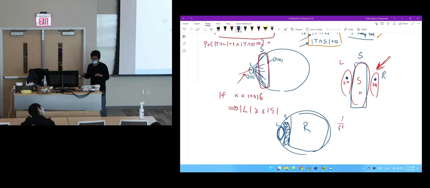So we don't need to be very careful about whether we get any nodes in R at all.